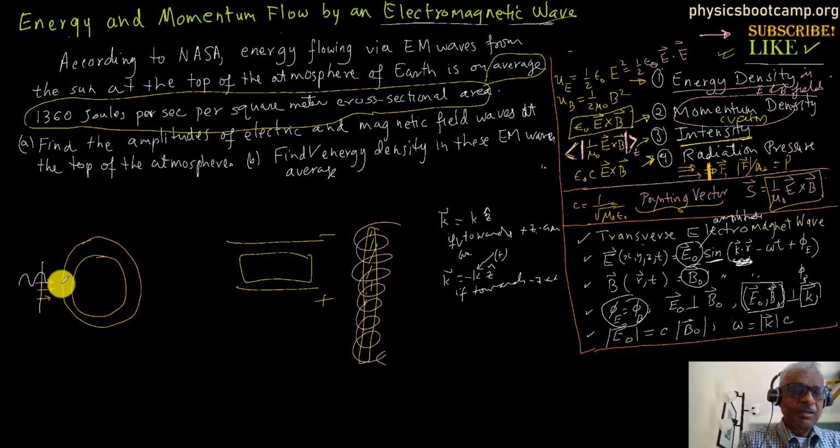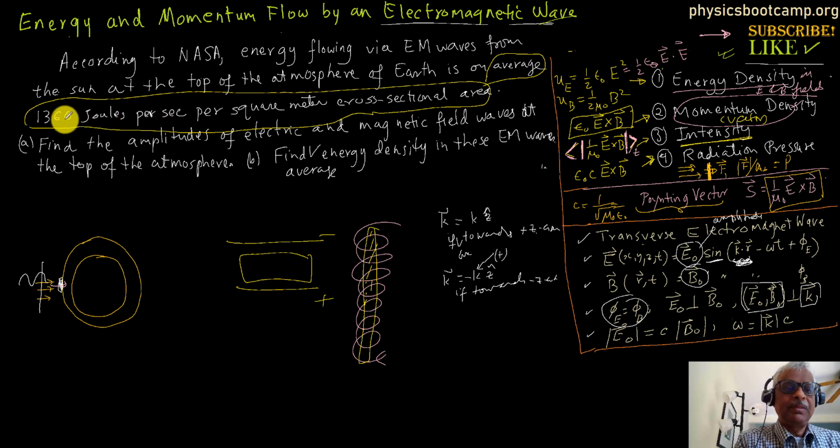Over here, if I look at a unit area, the energy is not just sitting there. It's actually flowing through that area at the rate of 1360 joules per second.